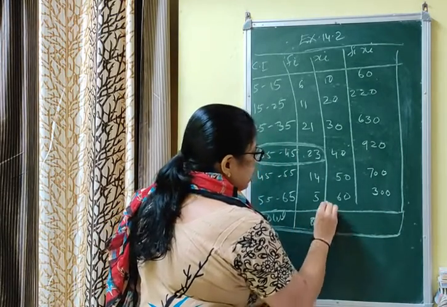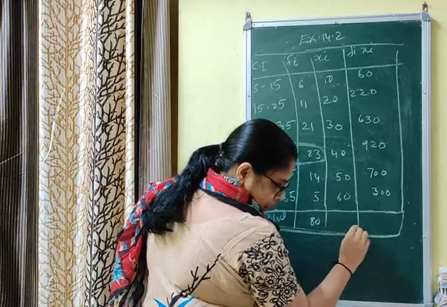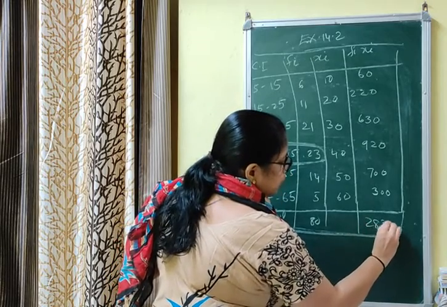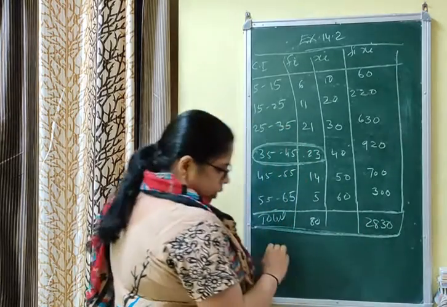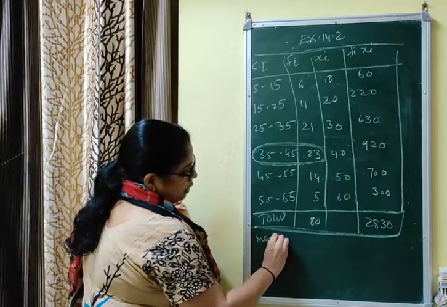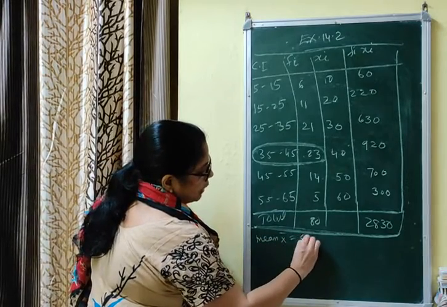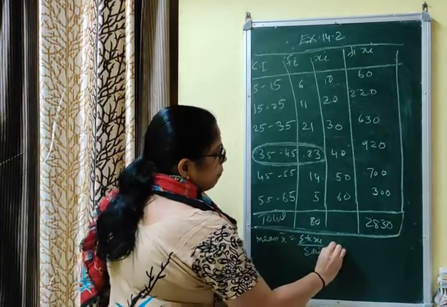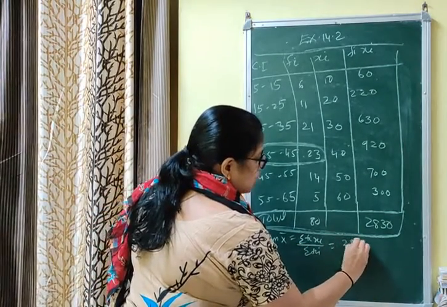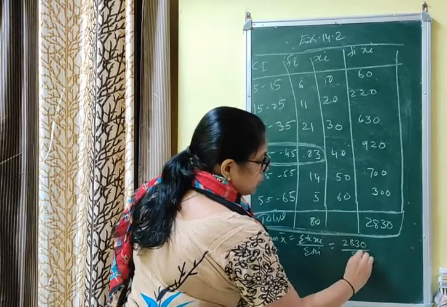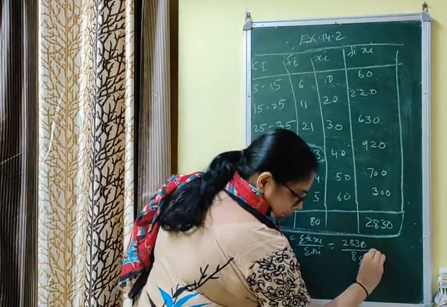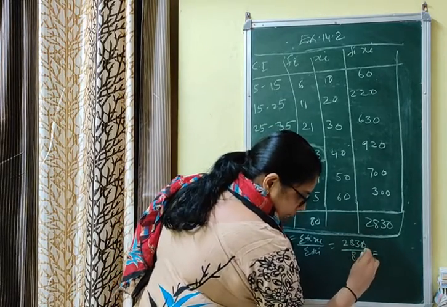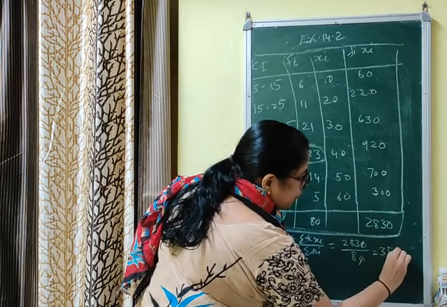This is sigma fi. Now this sum, if you add, you will get 2830. You can do it by yourself. Now mean x bar is equal to, by direct method, sigma fixi upon sigma fi, that is 2830 upon 80. The zeros are getting cancelled. If you do, you will get 35.75.